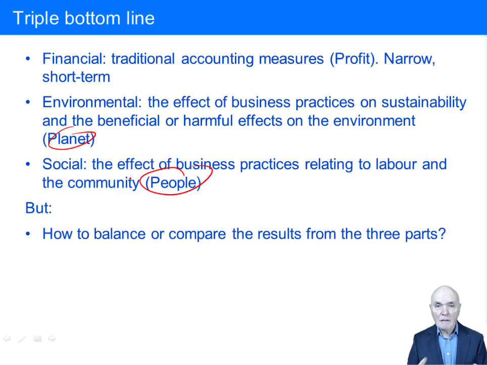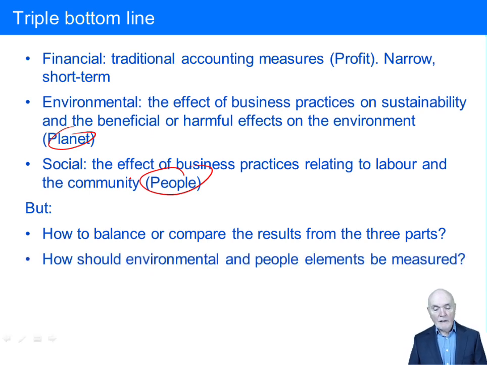But how do we actually go about balancing these, convincing people that perhaps spending more now, reducing profits now, is first of all a good thing, but secondly is going to help the longer term sustainable profit of the business.